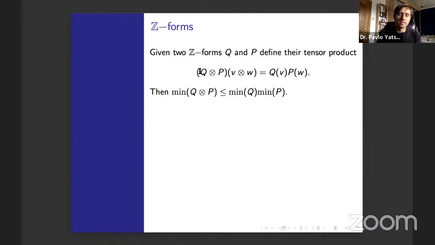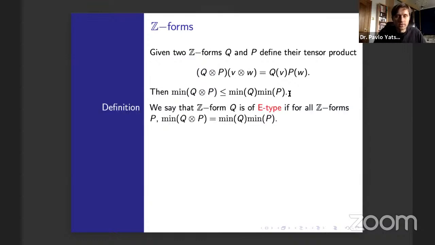What we have is that the minimum of Q tensor P is less than or equal to the minimum of Q times the minimum of P. And the forms for which this is exactly equal are called forms of E-type. So we say that a Z form Q is of E-type if for every positive definite form P, its tensor product satisfies the minimum of Q tensor P equal to the minimum of Q times the minimum of P.